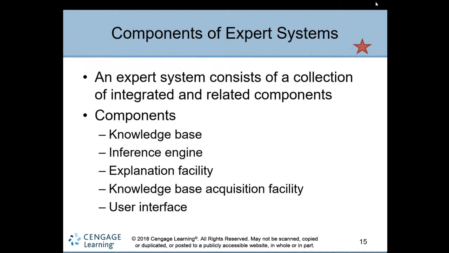What are the components of expert systems? You can say an expert system consists of a collection of integrated and related components like hardware, software, and a knowledge management system. What are the components here? Knowledge base, inference engine, right? And explanation facility, knowledge acquisition facility, and user interface.